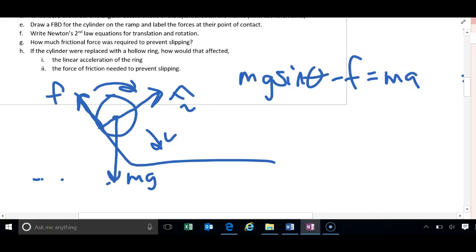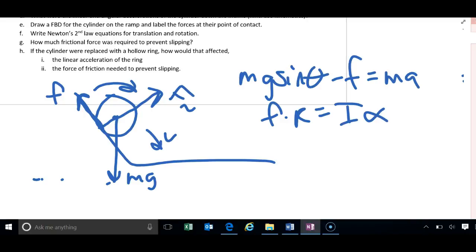What's causing a torque? There's only one force causing a torque. We'll call clockwise the positive direction. So that is friction times the radius equals I alpha. So that was F, my second law equations for translation and rotation.